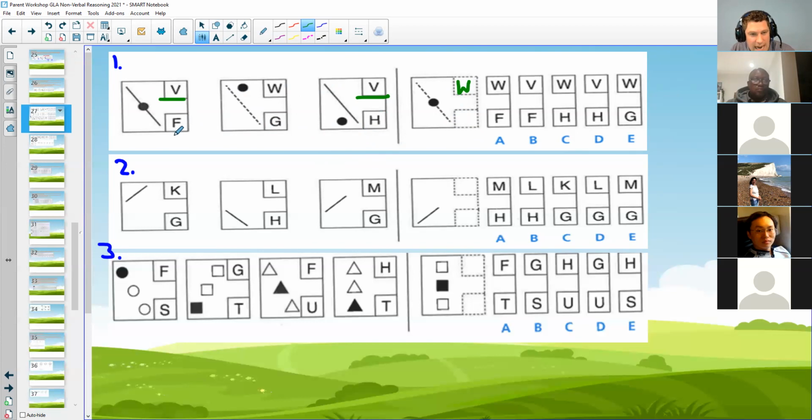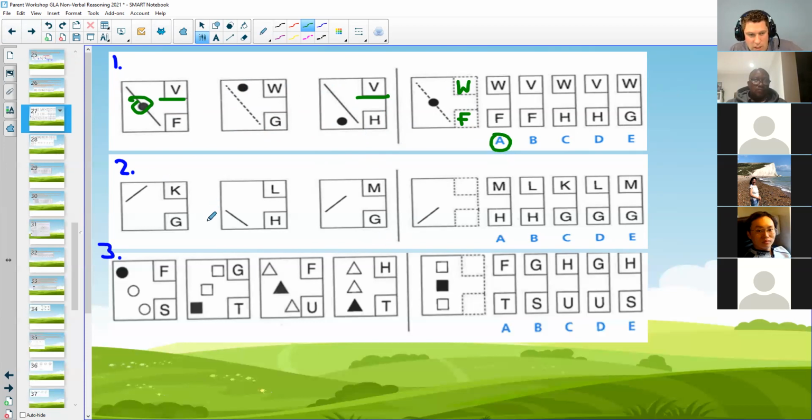If we then look at F, G, and H, we're focusing on the dot and the position of that dot. We need it in the middle of that line there. So we must have F. So the answer to that one will be WF.